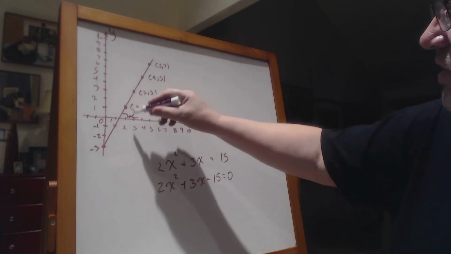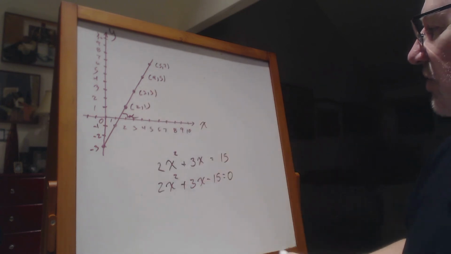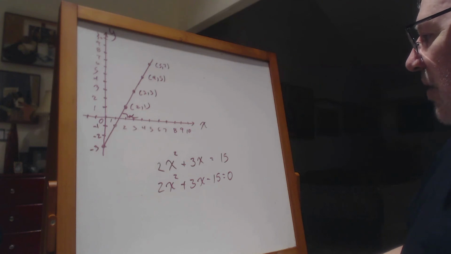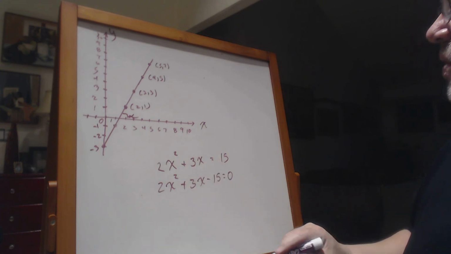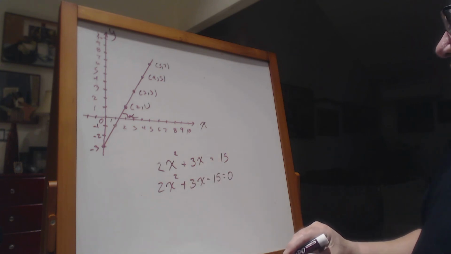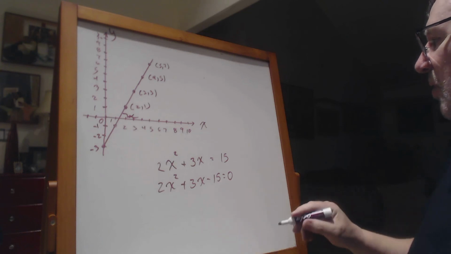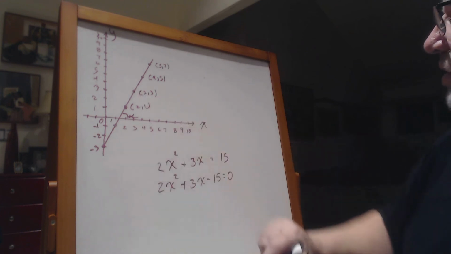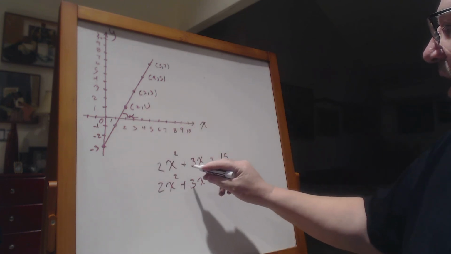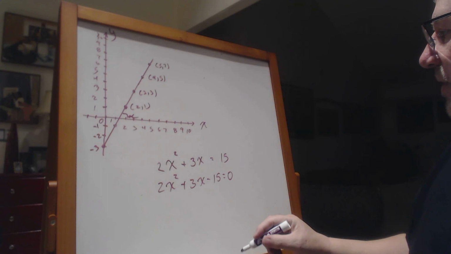It will cross the x-axis twice. If we have a third order, we're going to have three solutions. So that is the difference between a linear equation and higher order equations.